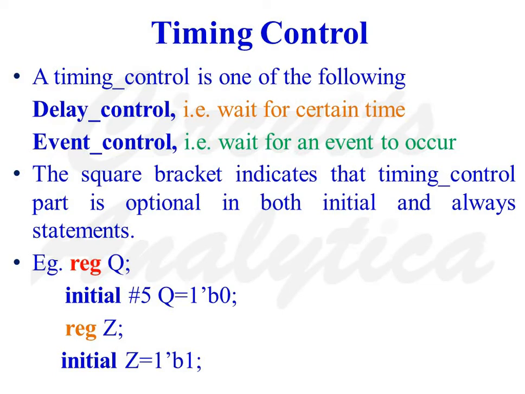For example: reg q; initial #5 q = 1'b0; reg z; initial z = 1'b1; So here in the example, in the first statement, reg q; initial #5 q = 1'b0 is an example of timing control.